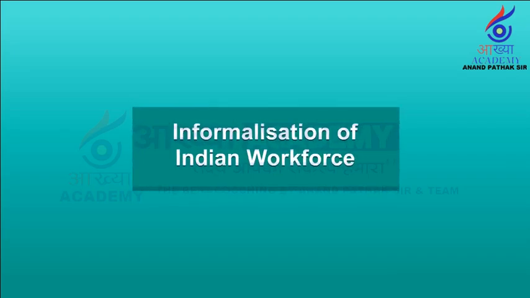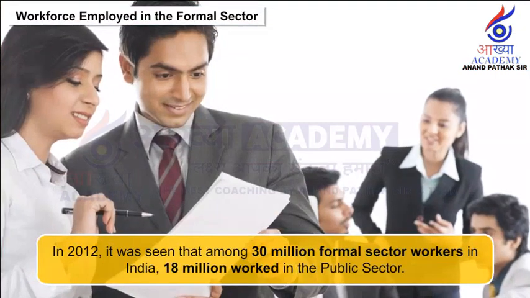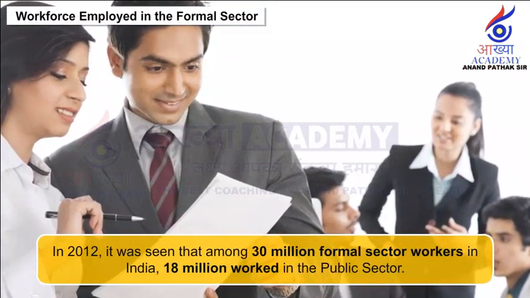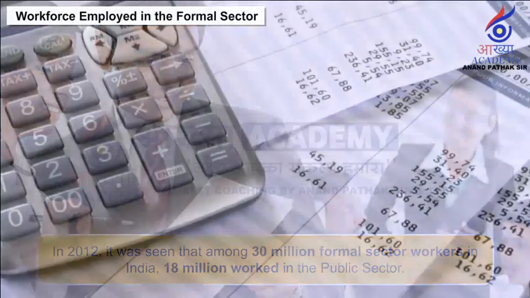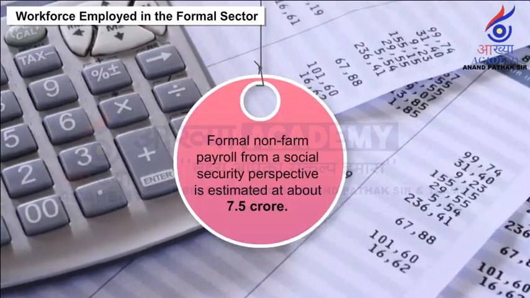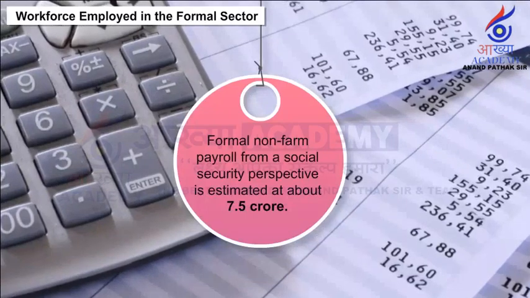Informalization of Indian workforce. In 2012, it was seen that among 30 million formal sector workers in India, 18 million worked in the public sector. Formal, non-farm payroll from a social security perspective is estimated at about 7.5 crore.